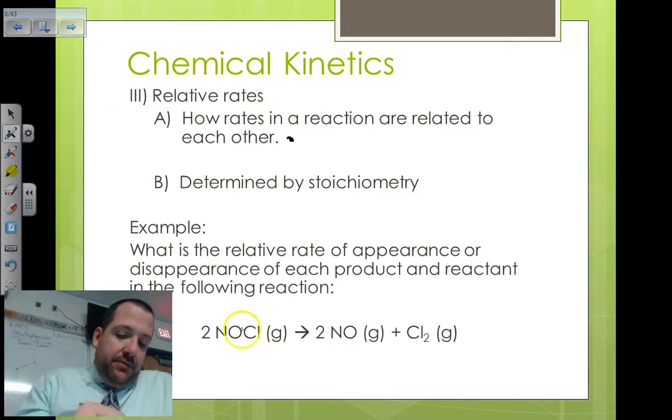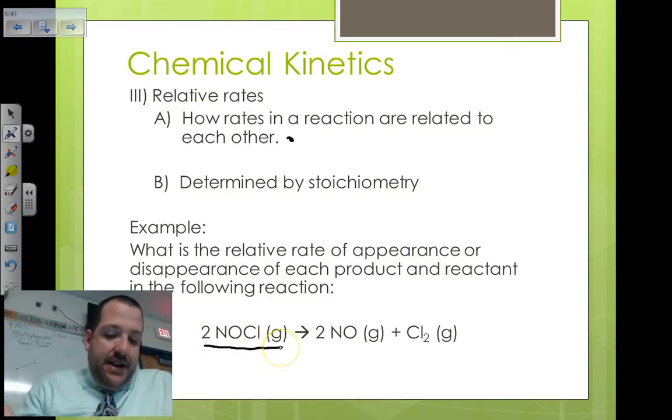Here's what we're going to do. We're going to relate how fast NOCl disappears, because what happens to the reactant is going to decrease compared to how much this is going to appear. So what is the mole ratio of this to this? The mole ratio is 1 to 1.